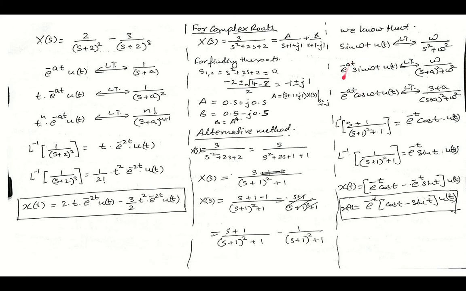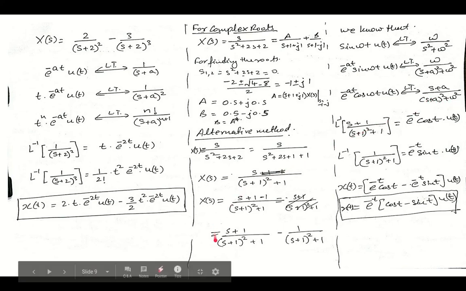So if I multiply e to the power minus at sine omega t ut, then we will have omega upon s plus a whole square plus omega square. And similarly, for e to the power minus at cos omega t ut, its Laplace transform will be s plus a upon s plus a whole square plus omega square.